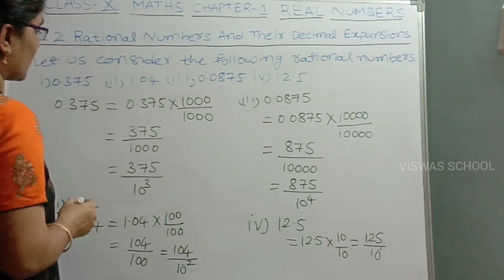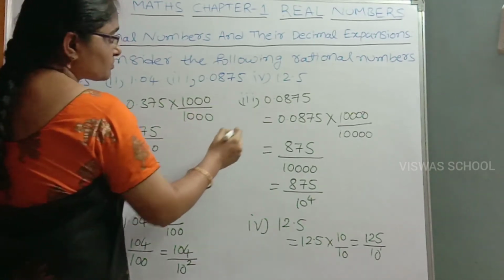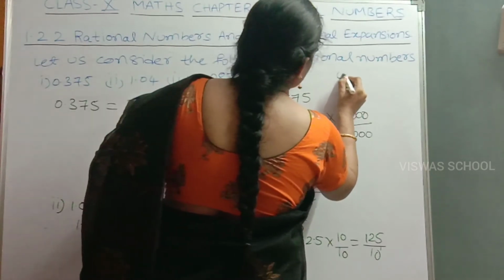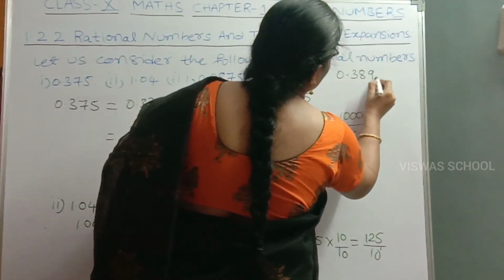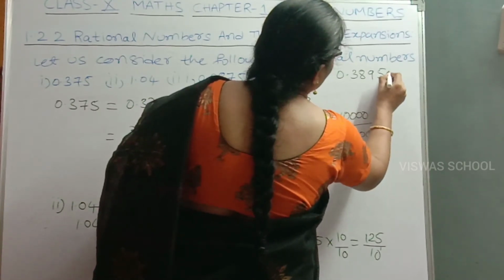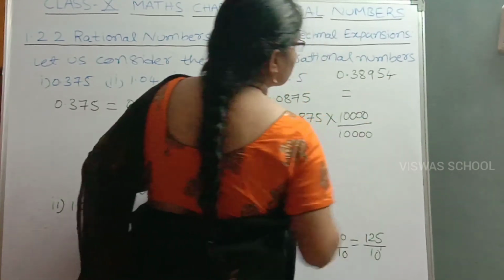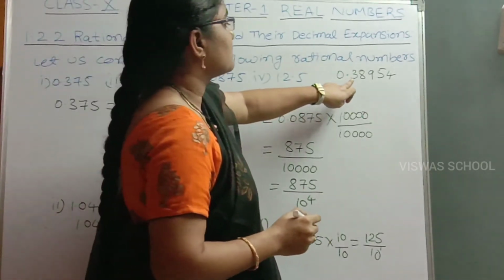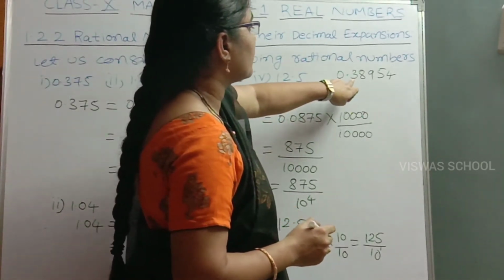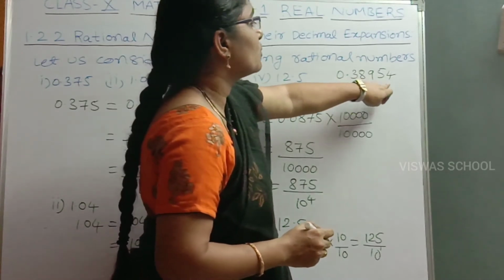For example, here I am writing one more, that is 0.38954. Then how do you express it in the form of P by Q? After the decimal, how many digits do you have? 1, 2, 3, 4, 5.